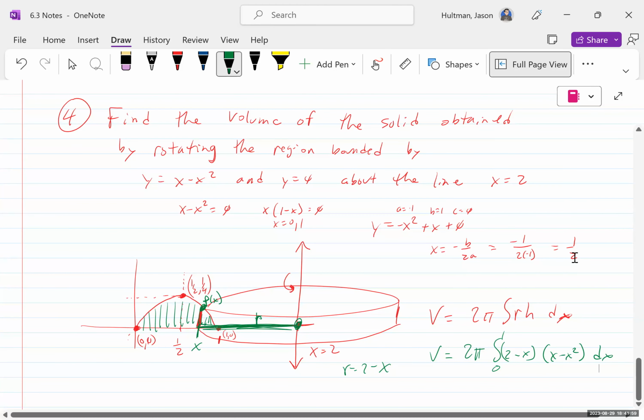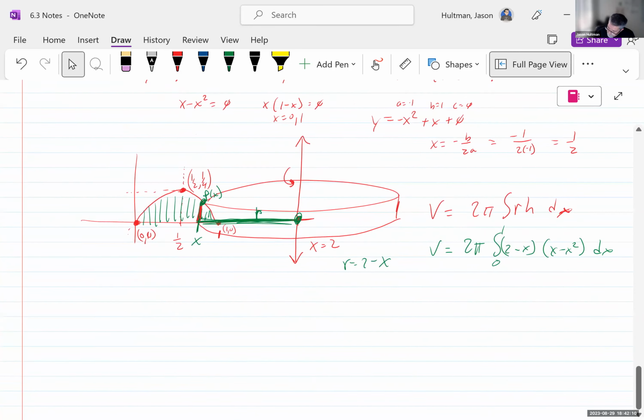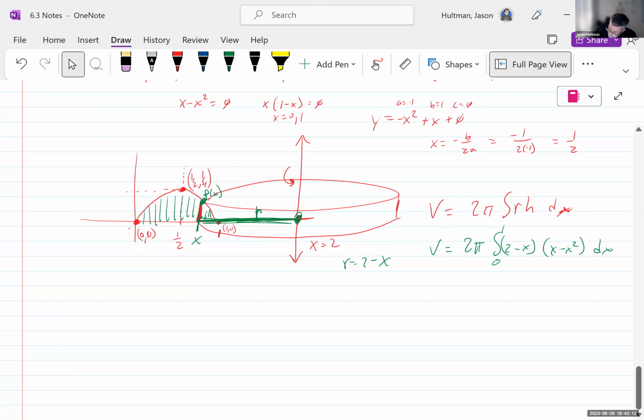Professor, can you go over the h of the formula? So y is h equal x minus x squared. I don't get it. Yeah, so H is the height of my cylinder, right? I want to know how I am creating these cylinders. Well, I'm just taking the height of my slice.